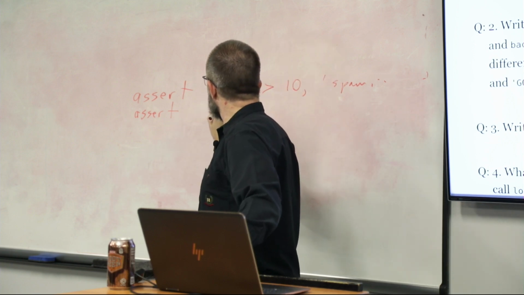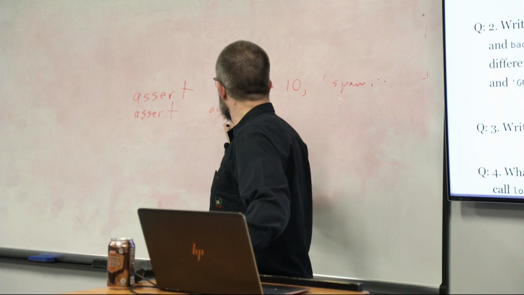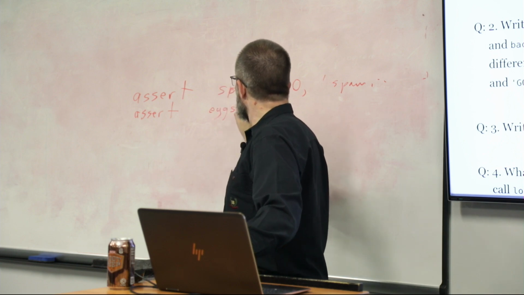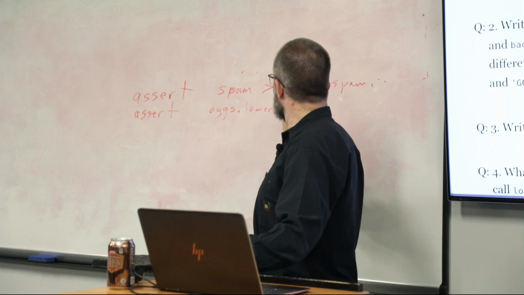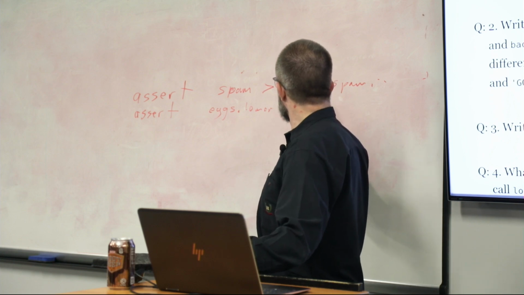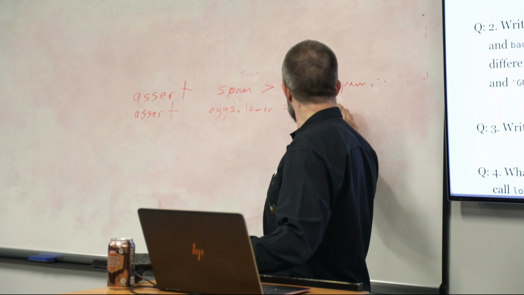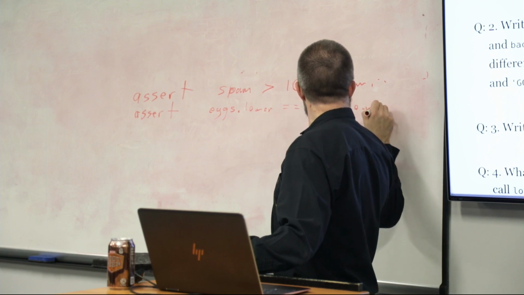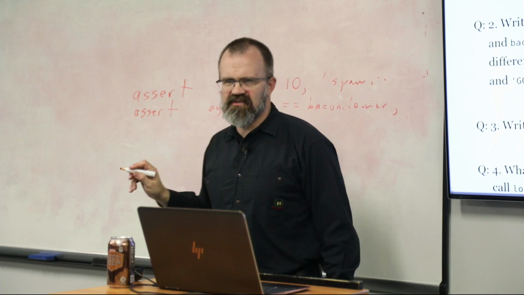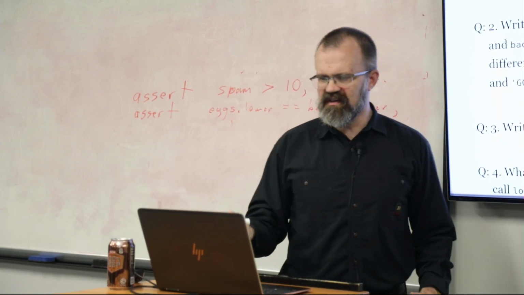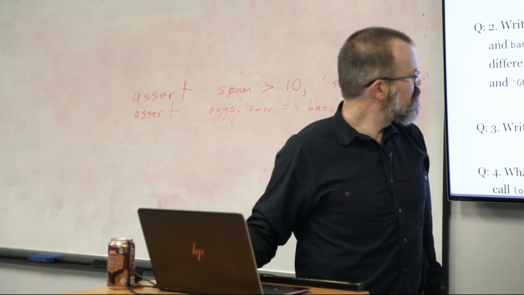So here we have eggs.lower() equals bacon.lower(), and then a comma, and then some sort of string that spits out something.